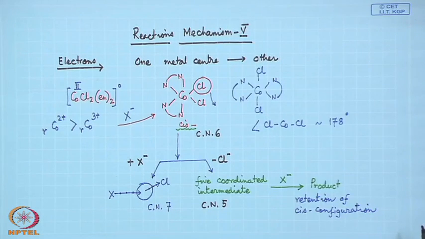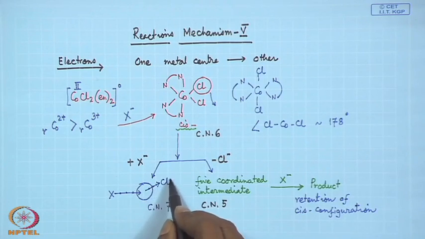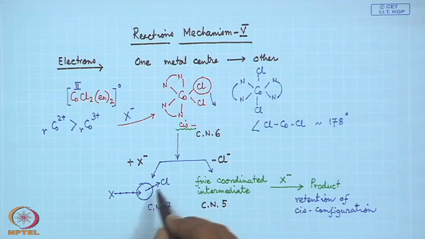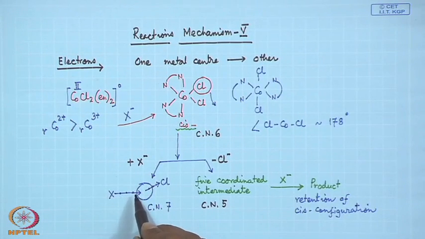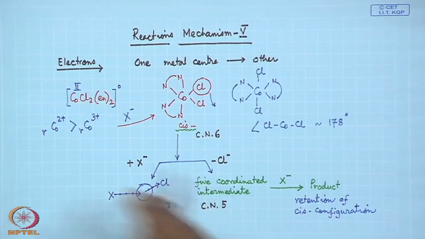That means, when we have this intermediate, whether it is a square pyramidal one or a trigonal bipyramidal one, the site where Cl has been removed is simply occupied by the incoming X minus to give the original cis configuration, and it is not going to any other configuration like the trans one.